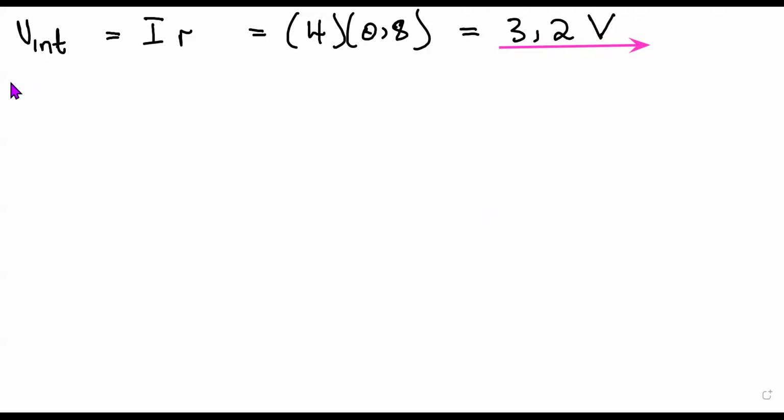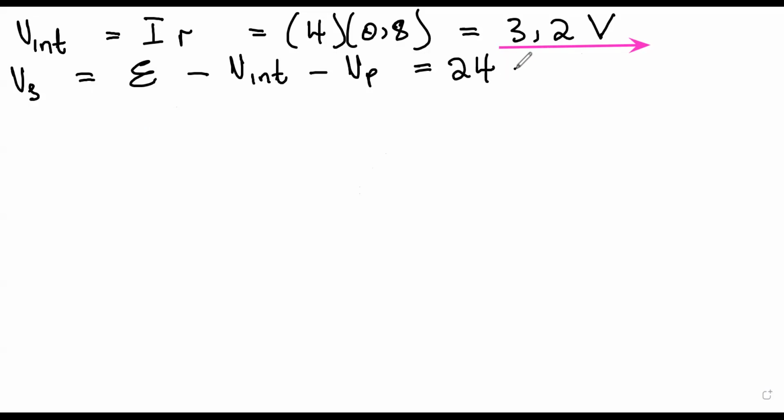Now we know that in order for us to find the potential difference of the resistor in series, we are simply going to say the EMF minus the potential difference of the internal resistor minus the potential difference of the resistors connected in parallel. So we have 24 minus 3.2 minus 15 volts.